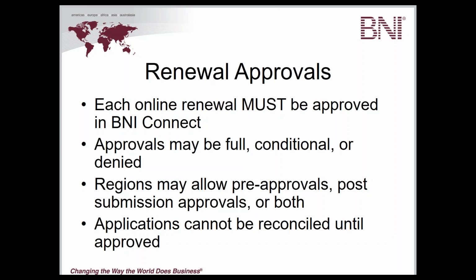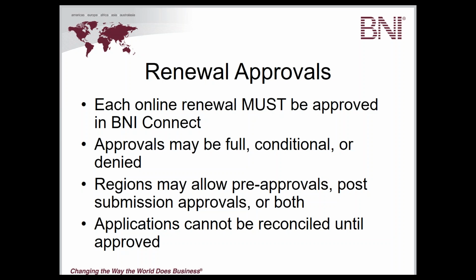Now, when your region is setting this up, they do have to make a couple of choices, and one of those is when to allow approvals. They can either allow pre-approvals, meaning that a member can't even submit an application until they've been approved. They could allow post-approvals, meaning they're not allowed to render a decision until after the application has been input, or they could allow both a pre-decision and a post-decision.